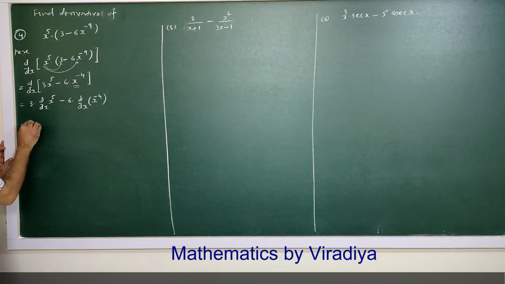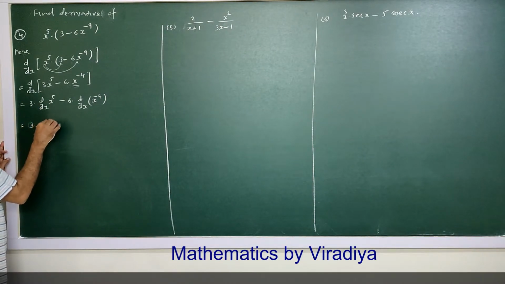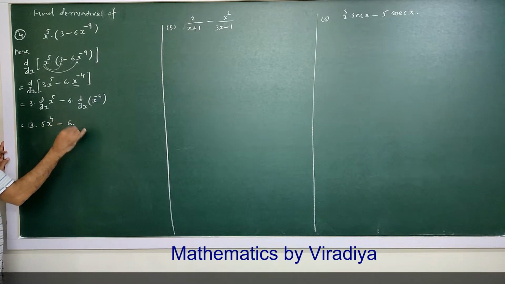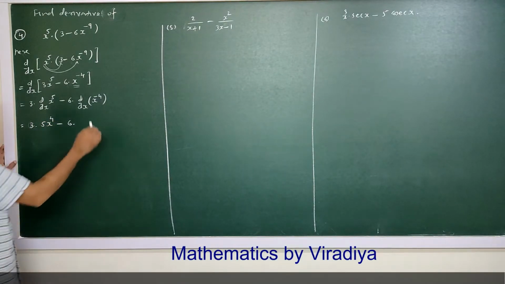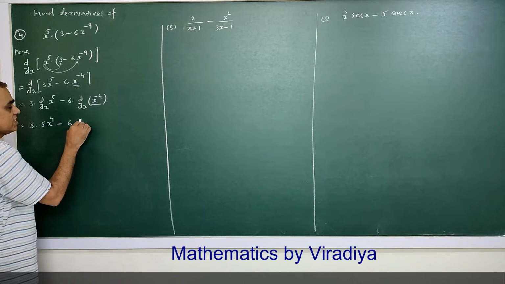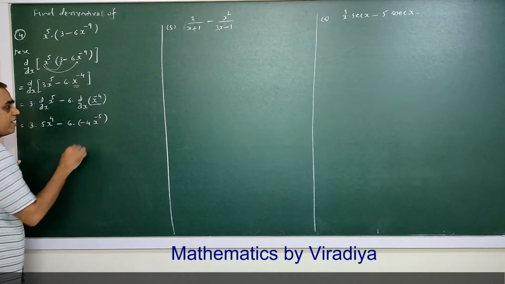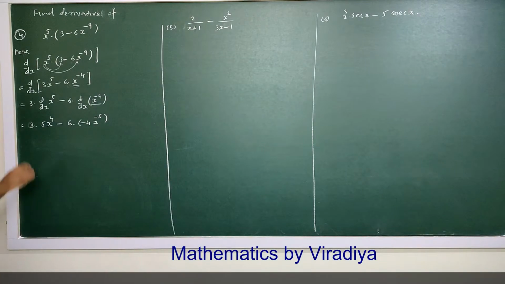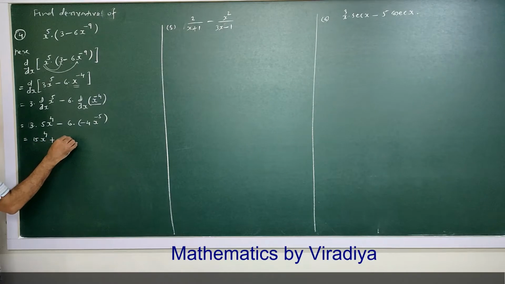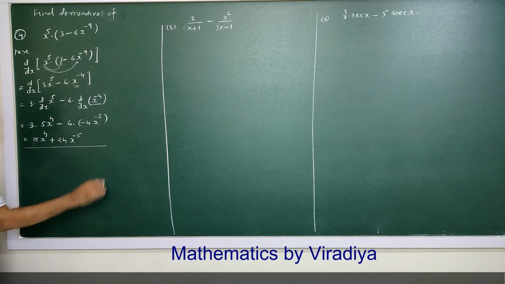So 3 into the derivative of x raised to 5 is 5 times x raised to 4, minus 6 into the derivative of x raised to minus 4 is minus 4 times x raised to minus 5. So this is 15 into x raised to 4 plus 24 into x raised to minus 5. That is the required derivative.